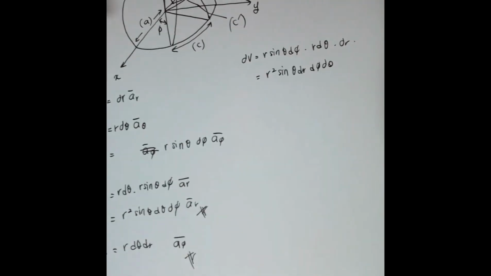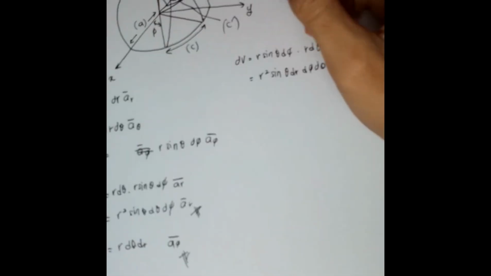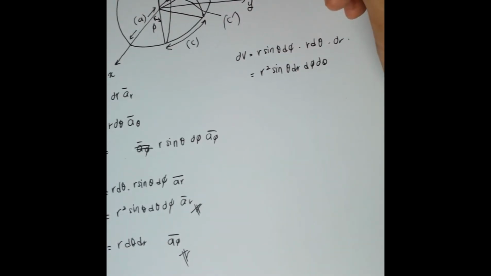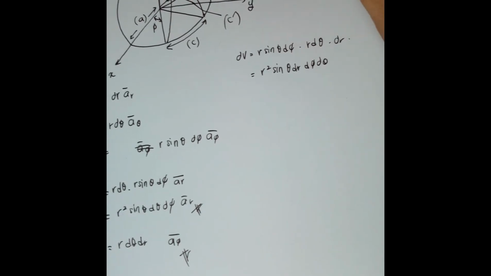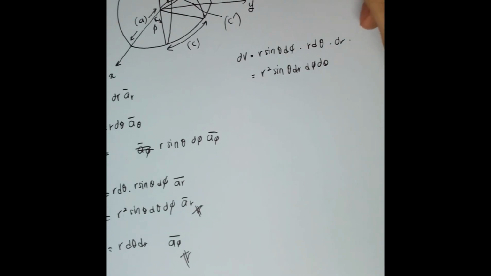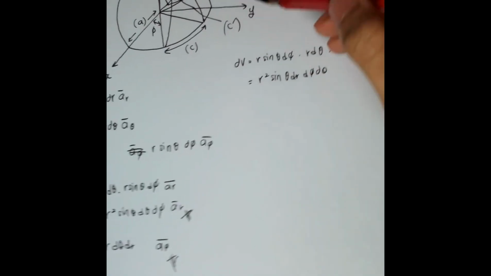Now actually we can get the formula for the volume of a sphere, that is 4 over 3 pi r cube. We should get this from this by integrating both sides.